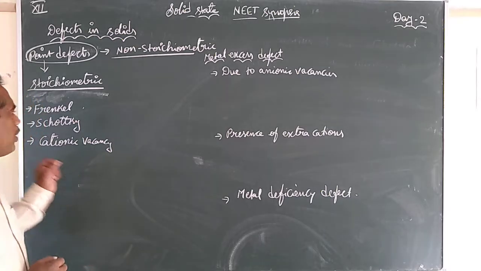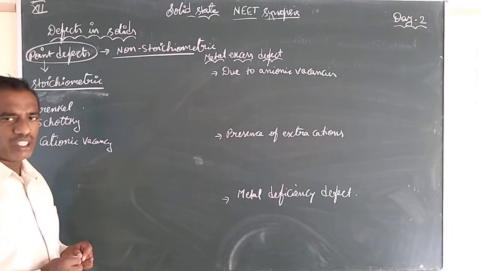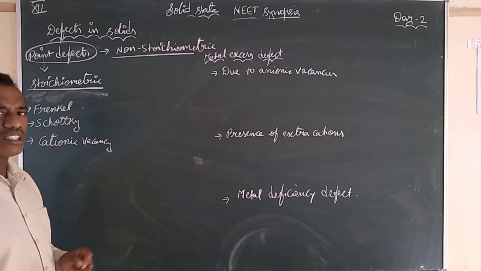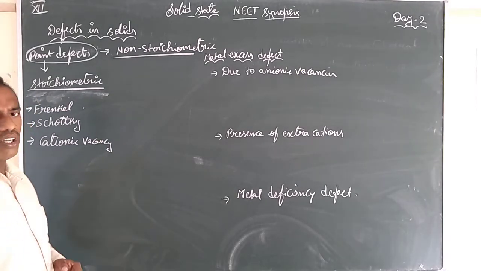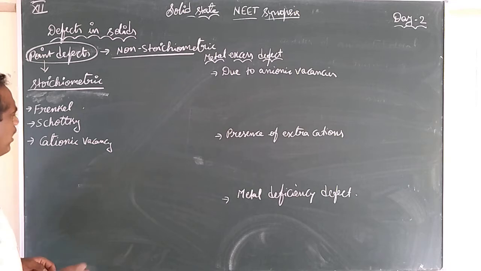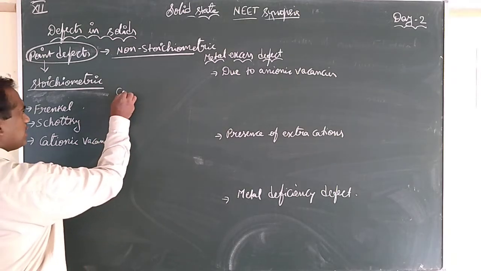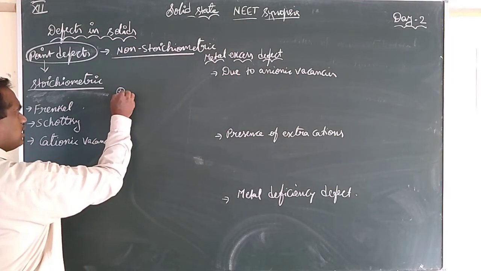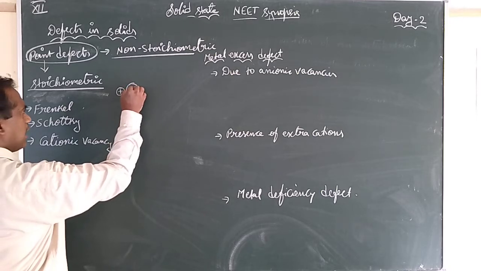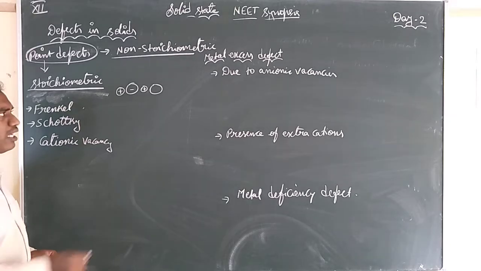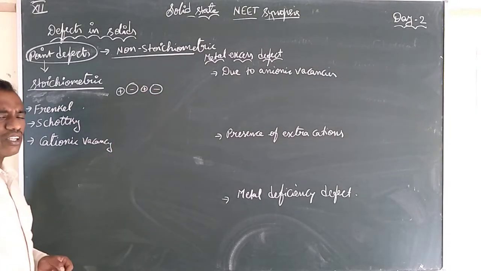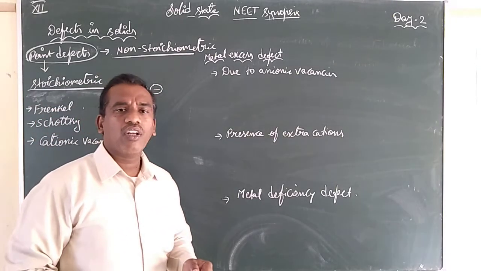Coming to the stoichiometric defects, the three very important ones are the Frenkel defect, the Schottky defect, and the cationic vacancy. What is meant by the Frenkel defect? See children, generally this is the cation and this is the anion. You can see the radius of cation and anion are not the same.